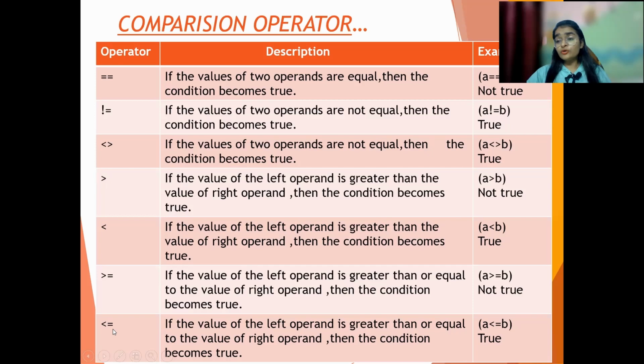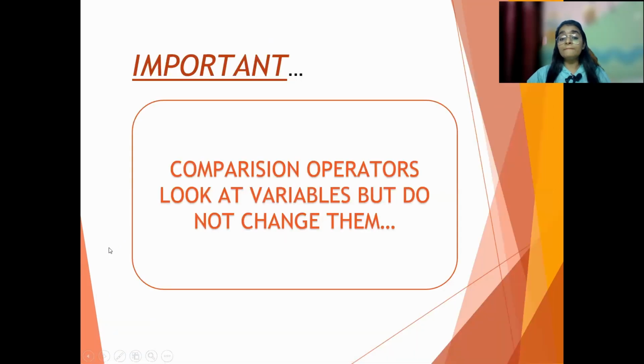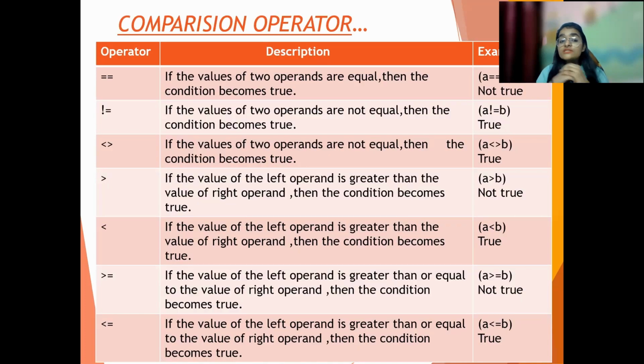One more thing you need to be clear about is that comparison operators look at the variables but do not change them. Like in mathematics, they are used to compare two values. In Python too, they compare the two values, but they do not change the values. For example, in the first part I taught you equal to equal to.